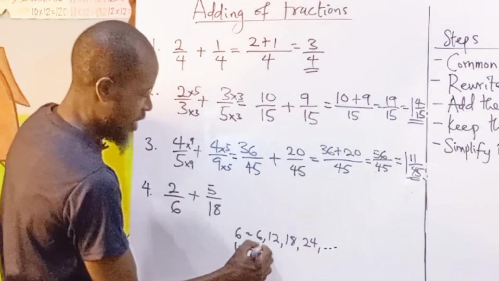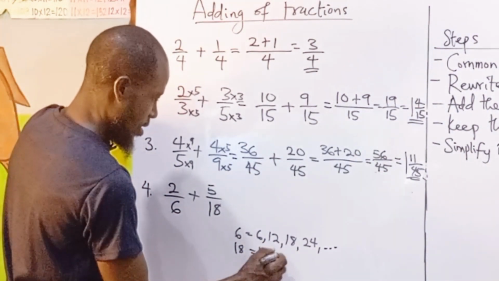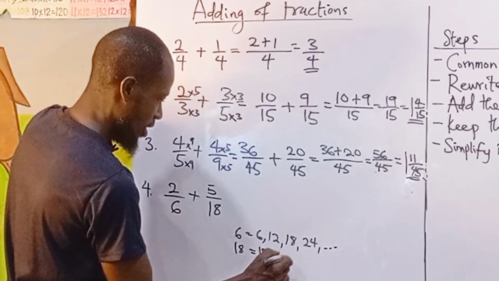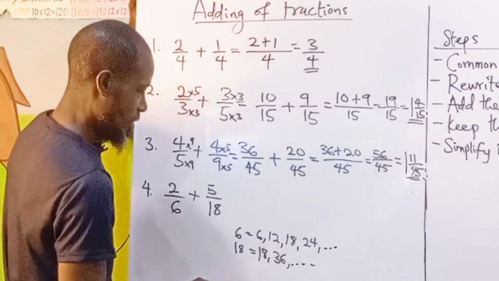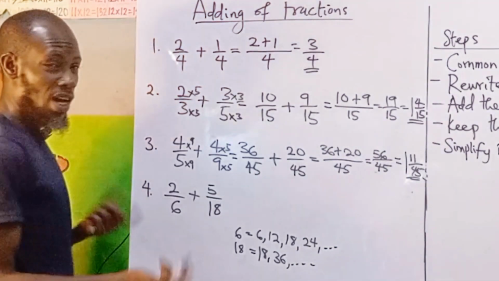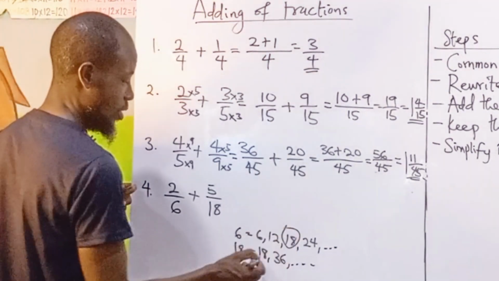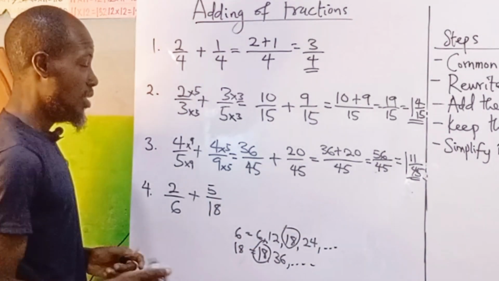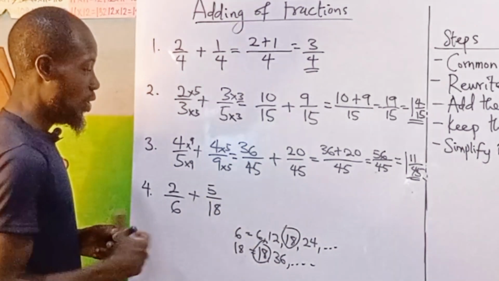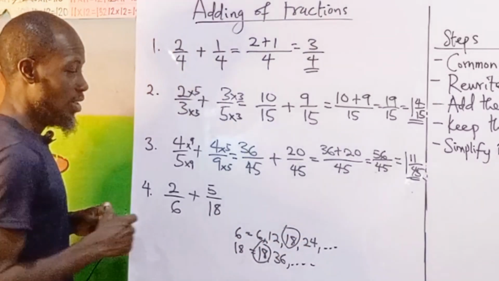Then we have 18, 36, and that also still continues. As you can see, we have the common denominator, so we don't need to waste time on that. The common denominator is 18.